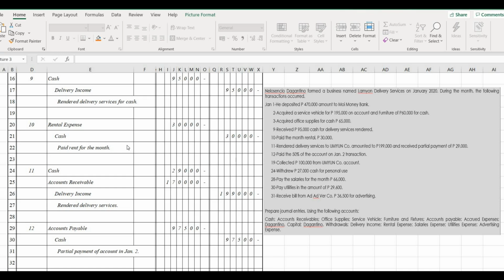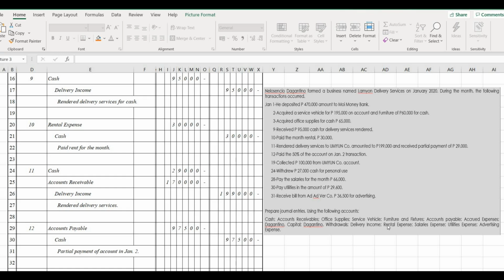So just observe the proper recording of transactions. Debit is placed here, not indented, whereas credit should be indented. No? So dapat naka-indent yung credit natin. So also, you have to bear in mind though, that if you are given the chart of accounts or the list already of the account titles to be used, then you have to be consistent with those account titles.